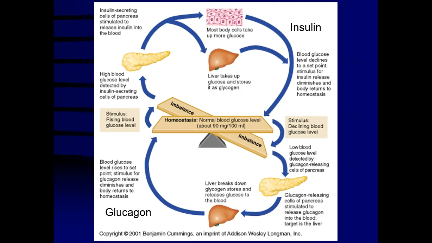Now, you might be wondering about the word insulin. Insulin comes from a word that means island. It's the island protein. Anytime you see that IN at the end of a word, it usually refers to a protein. So this means island protein. You might be thinking, island protein, what does that mean?